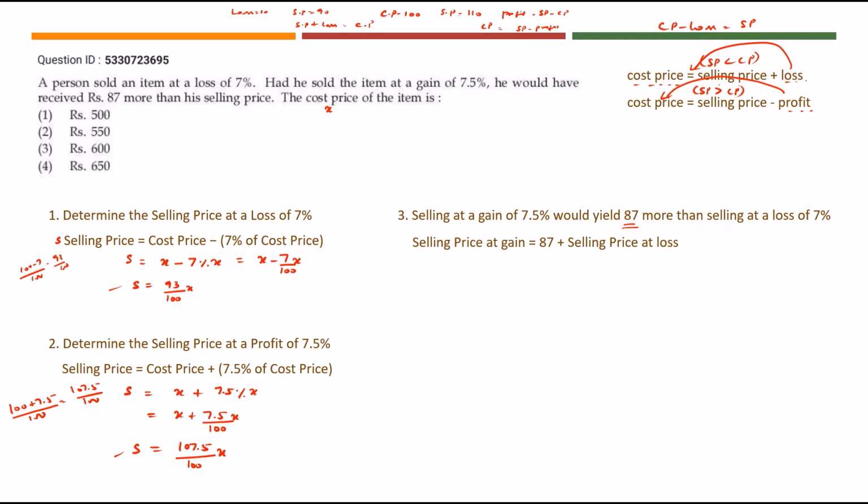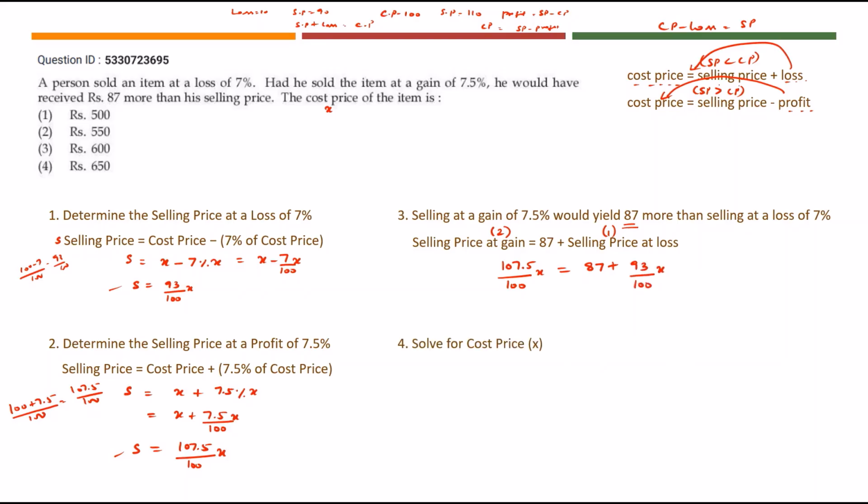Selling price at gain from step 2 is equal to 87 plus selling price at loss from step 1. So now we have to equate it. What is the selling price at gain? It is 107.5 by 100 into X, which is equal to 87 plus the selling price at loss, which is 93 by 100 into X.